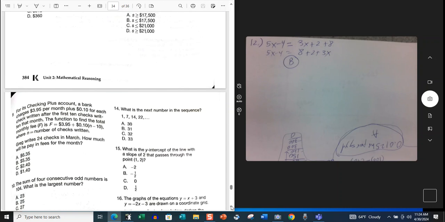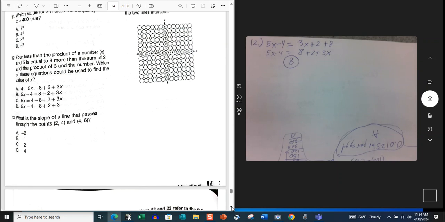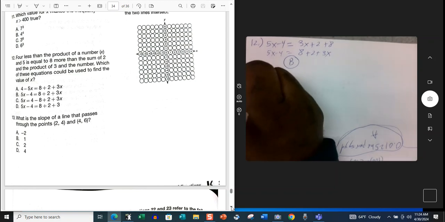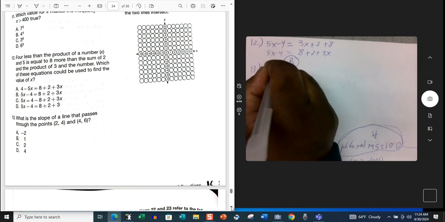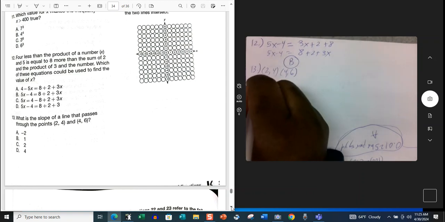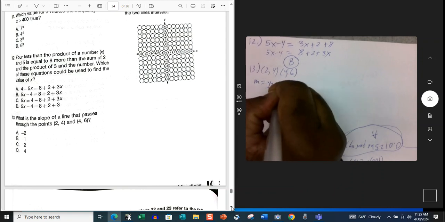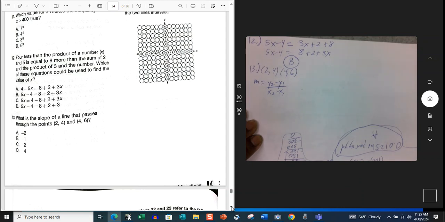Now, let's go up here to problem 13. Oh, I guess it's below here is problem 13. It says, what is the slope of a line that passes through the points (2, 4) and (4, 6)? Okay, so we have (2, 4), we have (4, 6). So we do the slope formula, y sub 2 minus y sub 1 over x sub 2 minus x sub 1.